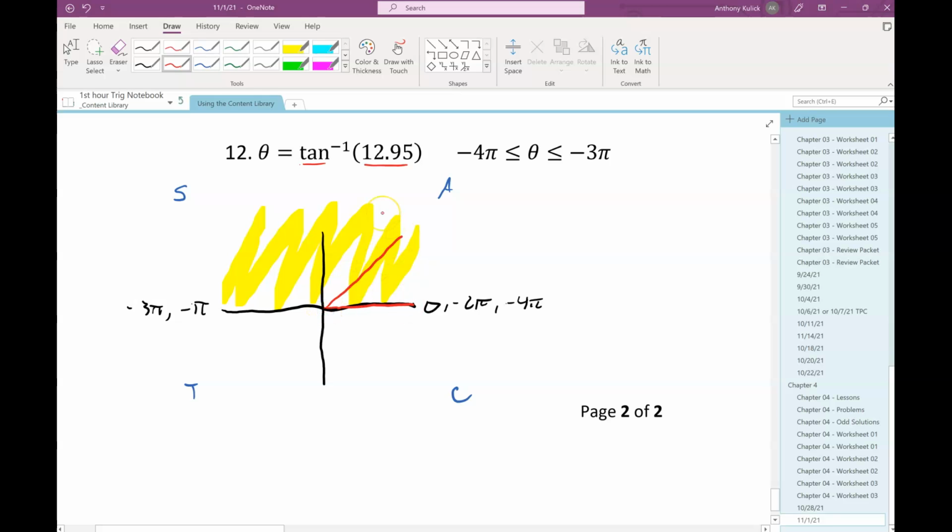So there's my theta. Now remember, when I'm drawing this, I'm going clockwise instead of counterclockwise because we're using theta as a negative value. So I go around 1 full time and then onto my terminal side. So that's my theta.